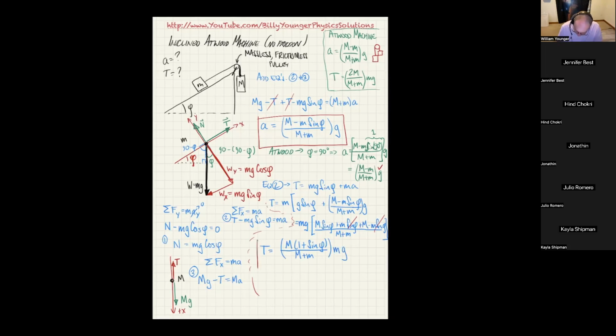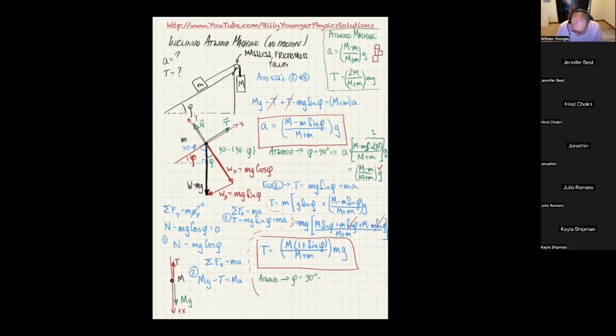So that's the tension in the rope for this inclined plane Atwood machine. Again, remember the Atwood machine means phi equals 90 degrees.